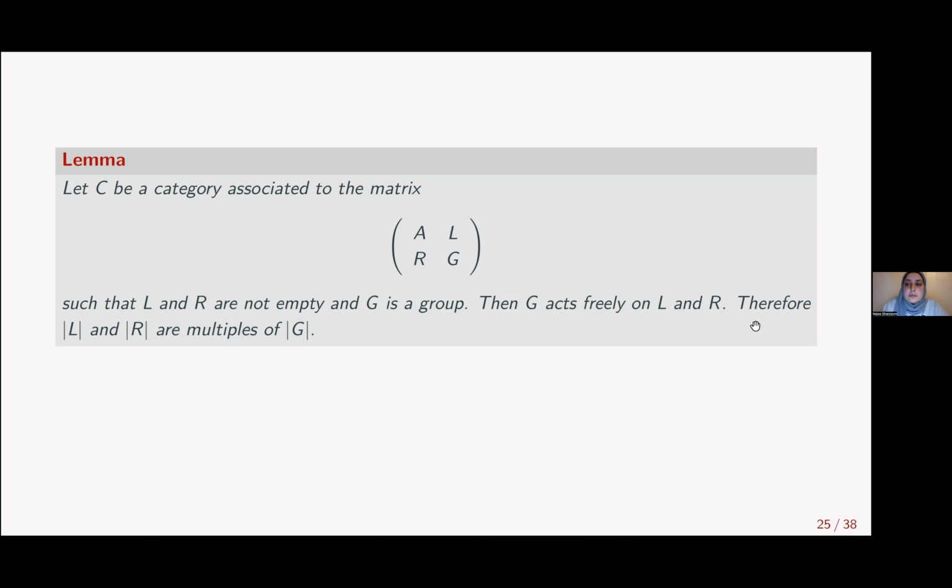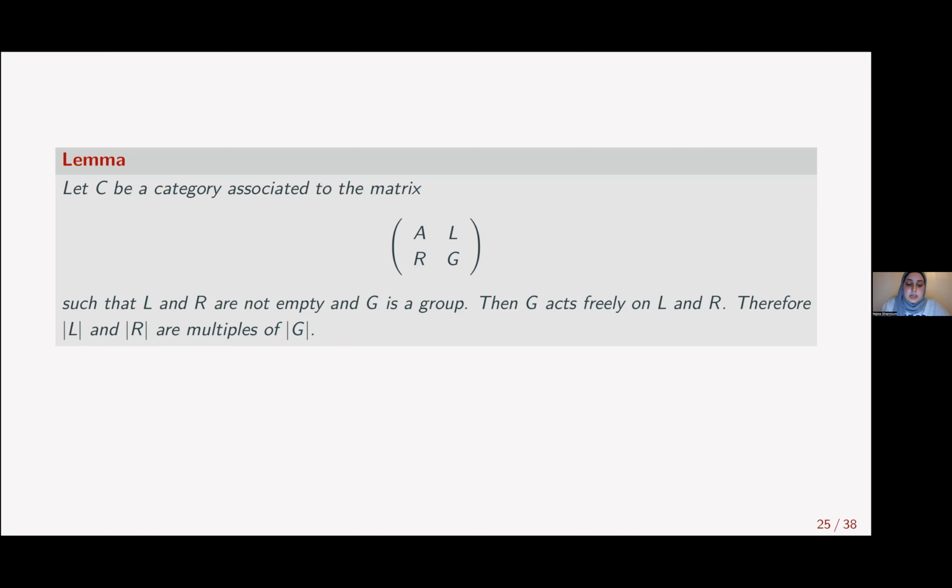And because of this free action on L and R, we obtain that the cardinal of L and R should be multiples of the order of G, when we have G as monoid.